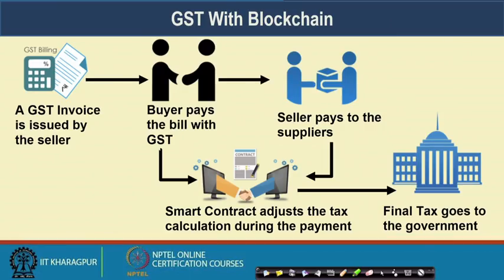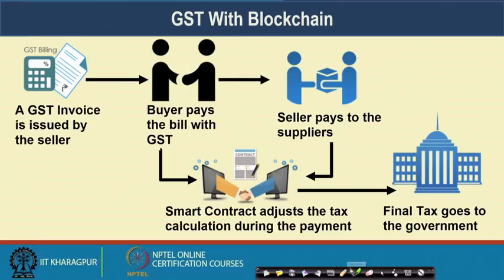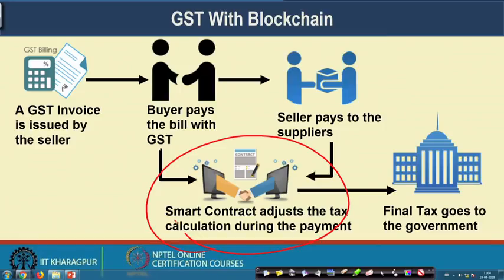The seller then pays the suppliers, and all these payments are now done with the help of this smart contract platform. The smart contract platform in a blockchain environment automatically calculates this tax, because ultimately the entire thing is a mathematical calculation based on where the goods are coming from, where the raw materials are coming from, how that raw material is utilized, and at what level of the production process the taxes are collected.